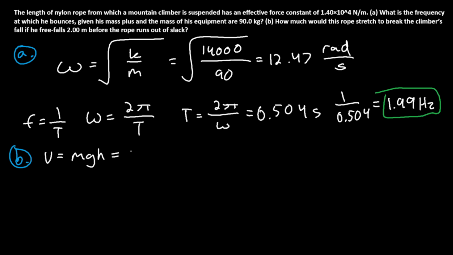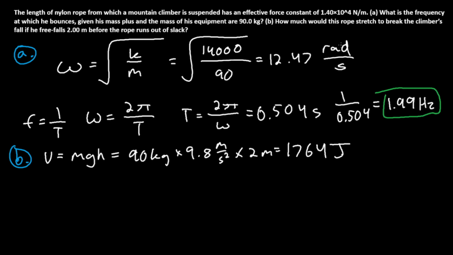So if we multiply mass, which is 90 kilos, times gravity, 9.8 meters per second squared, times 2 meters, we should get a kinetic energy of 1764 joules.